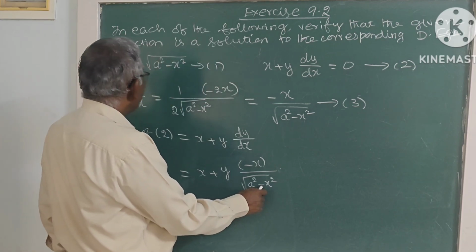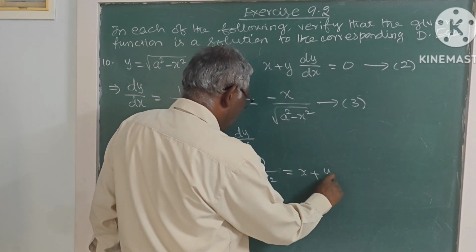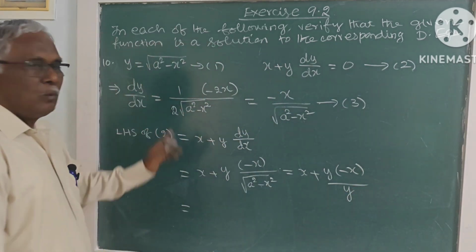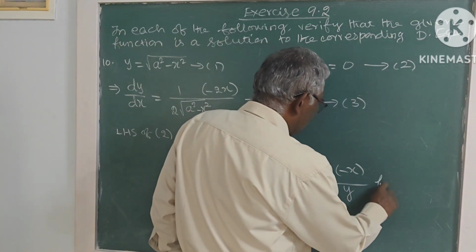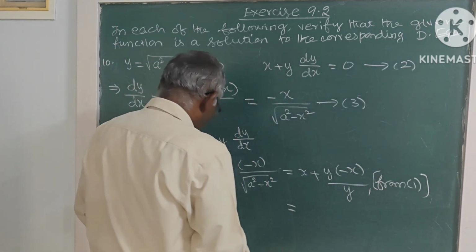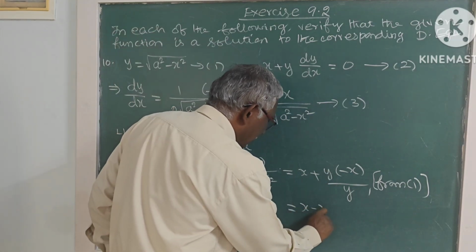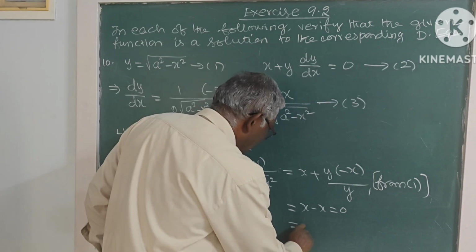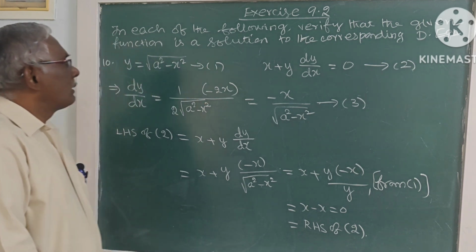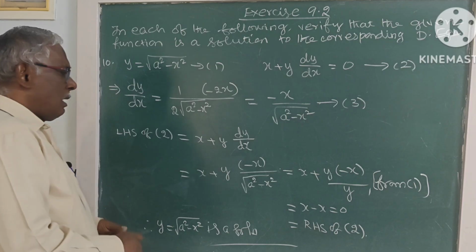Therefore, substitute y for square root of a square minus x square. Zero, we'll be getting the RHS of equation 2. Therefore, y is equal to square root of a square minus x square is a solution.